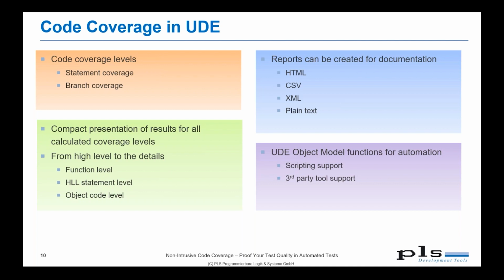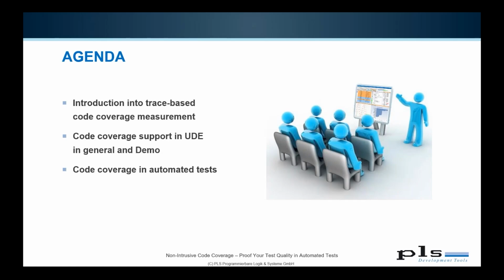For automation, we provide a software API to allow access to all the coverage features and to couple scripts or third-party tools to the code coverage function of UDE. But this will be addressed later on in the last part of this webinar today.